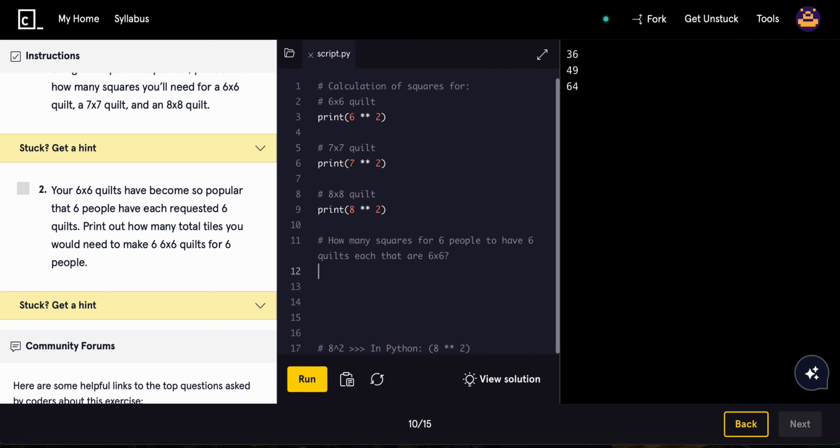Okay. So how many squares for 6 people to have 6 quilts each that are 6 by 6? Let's see. Okay, well, you would need, let me see, 36. Let's see, print how many squares you would need.